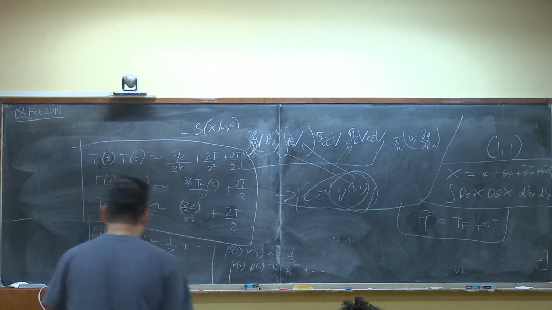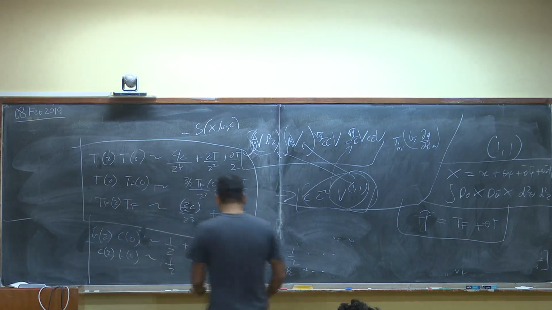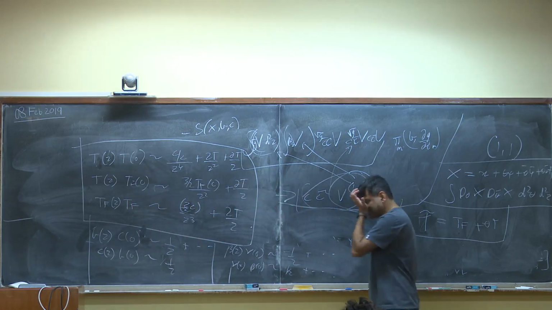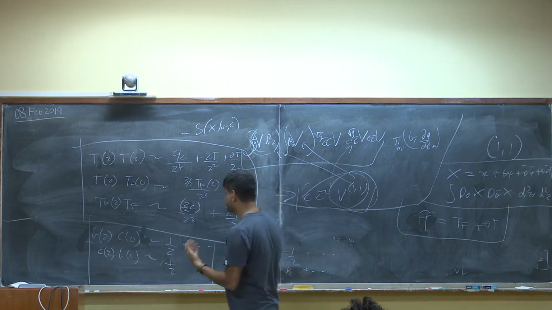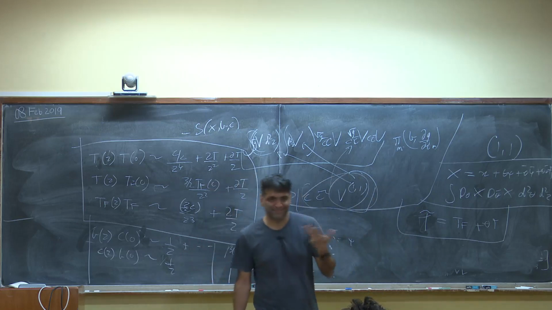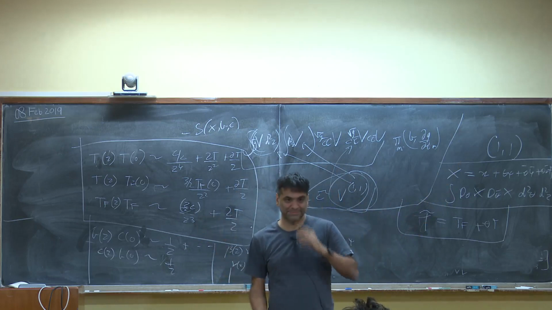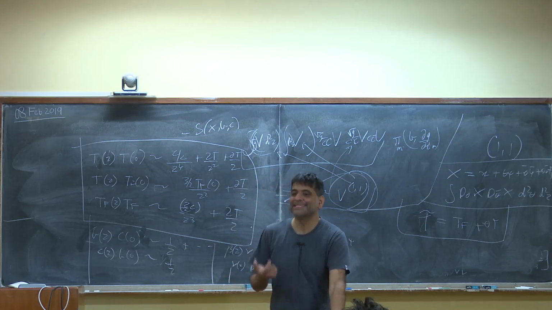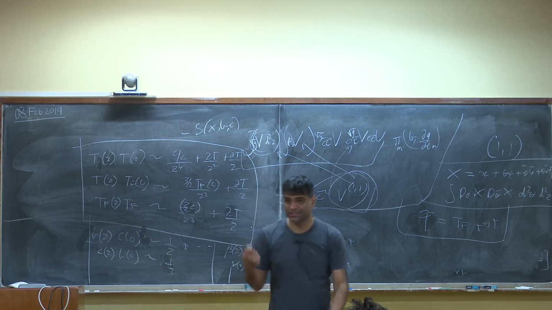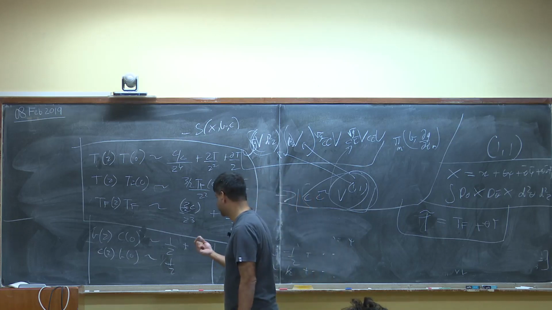You remember that just like C had its origin in world sheet diffeomorphisms, gamma had its origin, C goes with gamma.